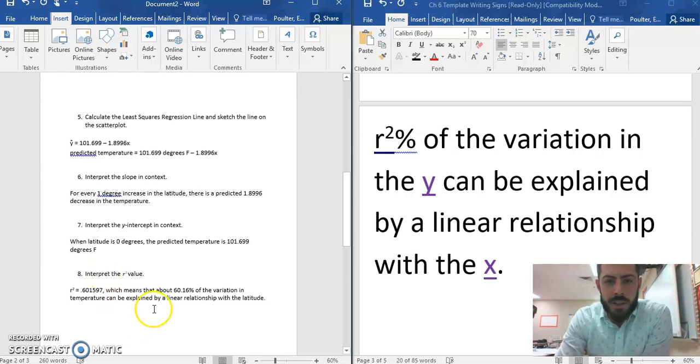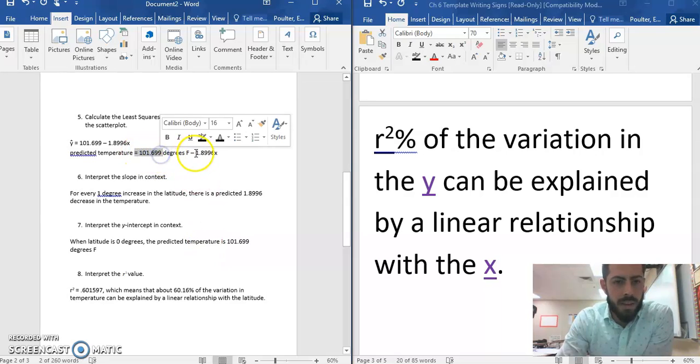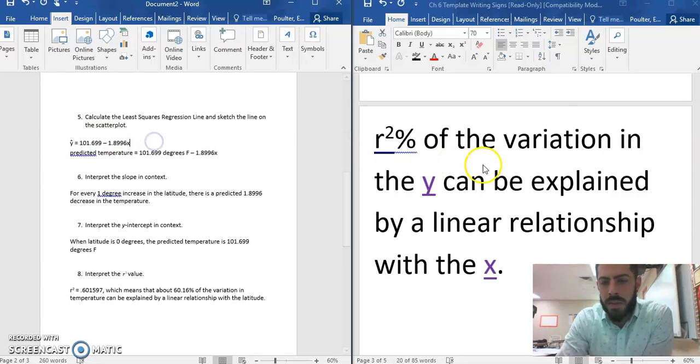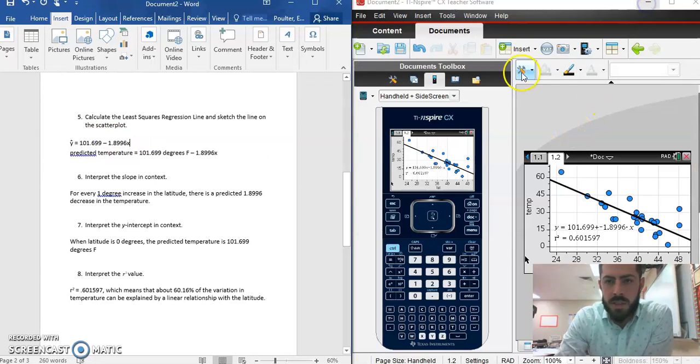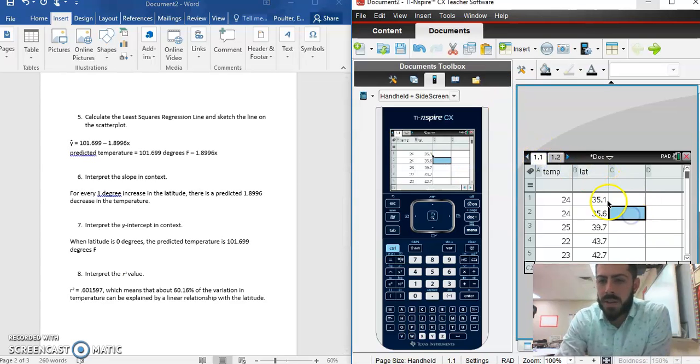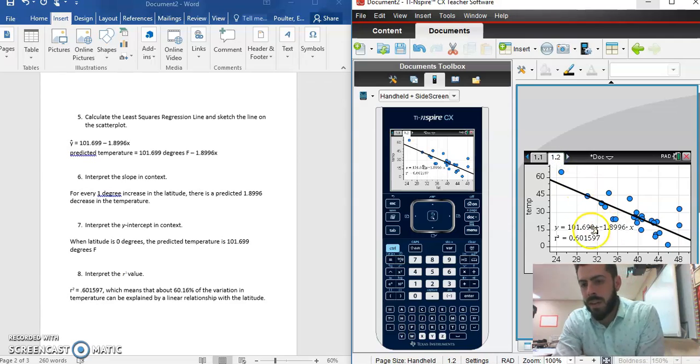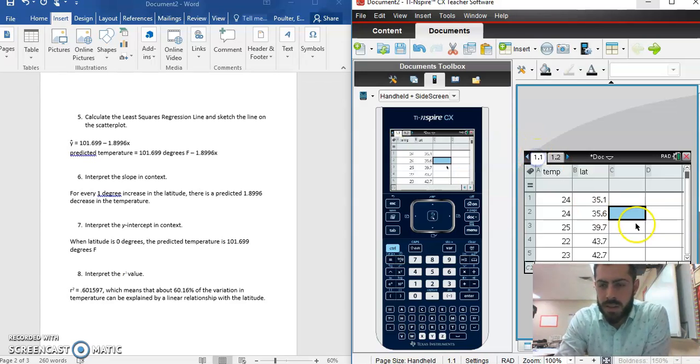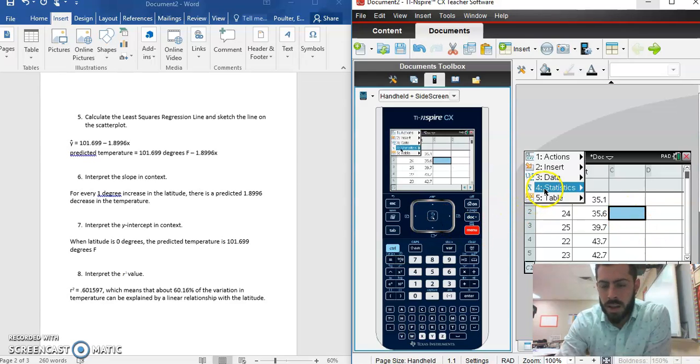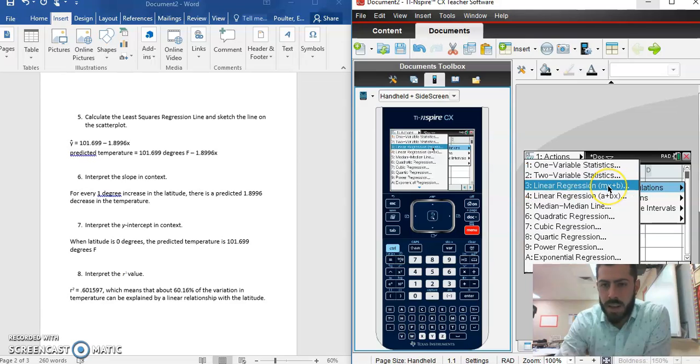Now, real quick, I am going to show you that it is possible to get this and this, or essentially this equation, from the List & Spreadsheets screen, because you may just want to do it that way. So when we go back to our List & Spreadsheets, if we want to see it and construct it ourselves along with some other stuff, we can use menu, statistics, stat calculations.